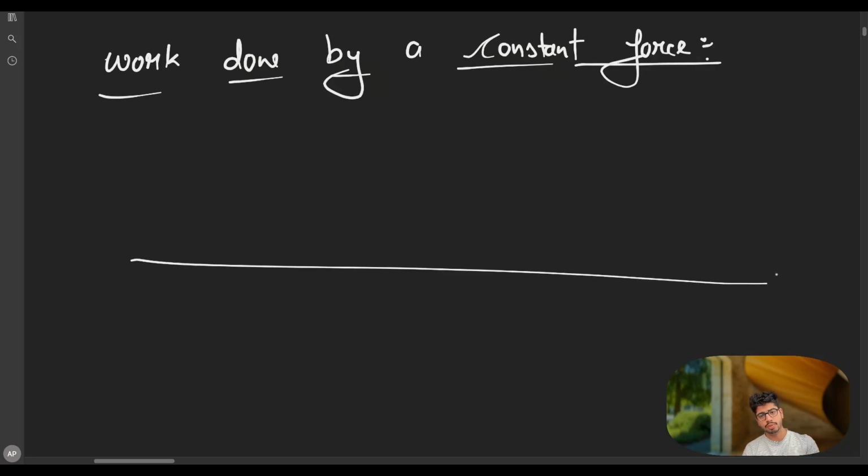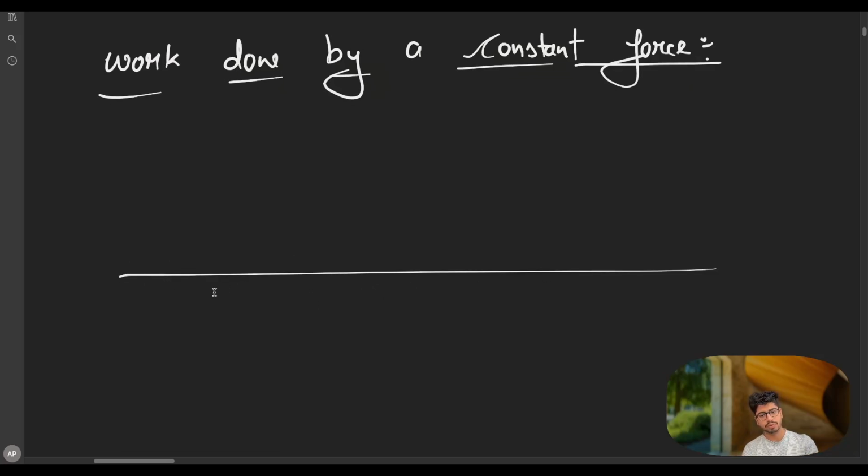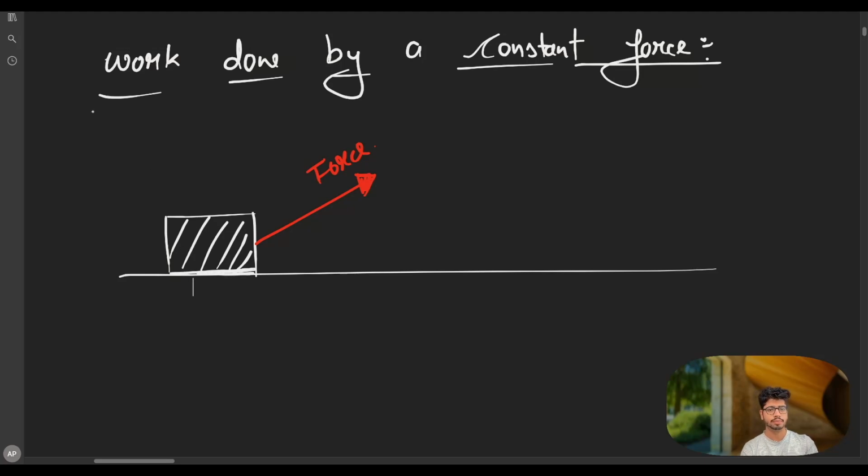Let's first take an example where you have a block and you are applying a force at some specific angle, and the block gets moved in the horizontal direction from here to here.